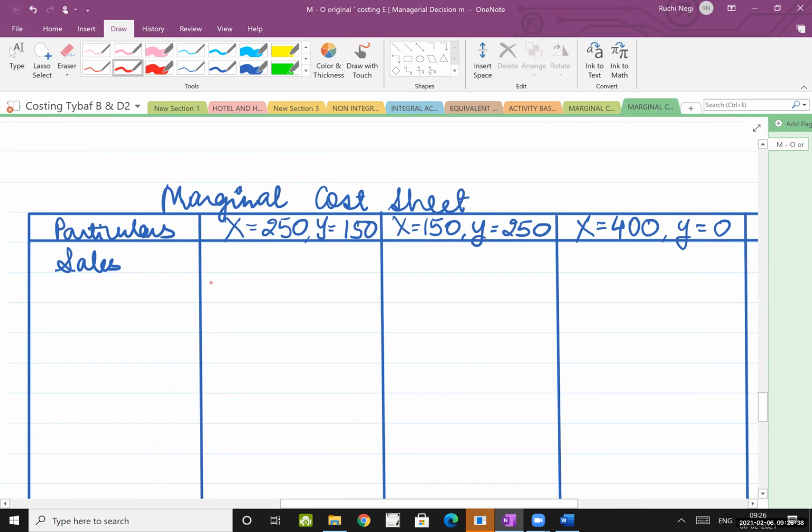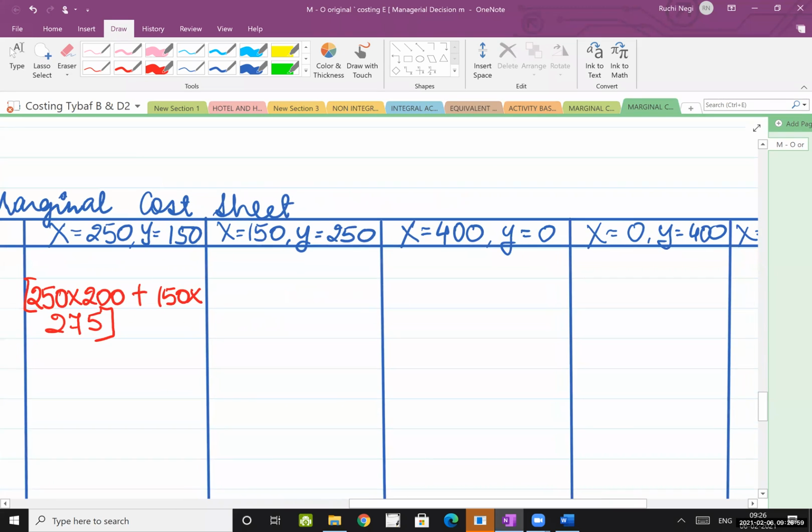So 250 quantity multiplied with 200 plus 150 quantity multiplied with 275. Next, 150 into 200 plus 250 into 275.